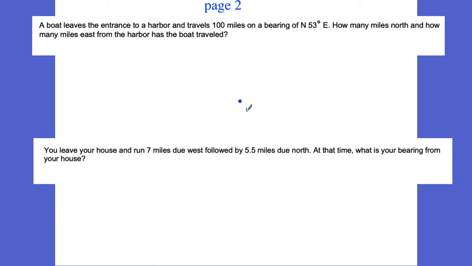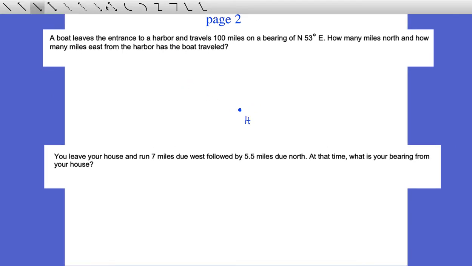So it's leaving a harbor, we'll call it point H. And also to make a cardinal direction cross at this point H. So we got north and south, and we got east and west here. So try to stretch these out a little bit.